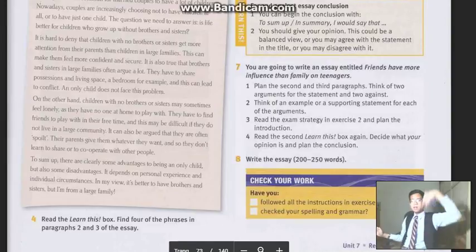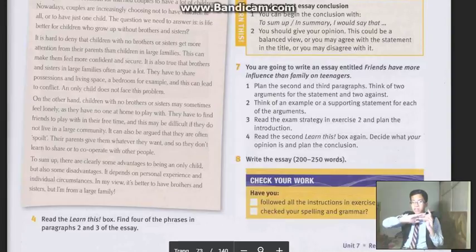Then remember to memorize the phrases I have told you in this whole lesson, and think of an opening paragraph like the exam strategy told you in exercise number 2, and then write the conclusion paragraph. After that, you write an essay of about 200 to 250 words.